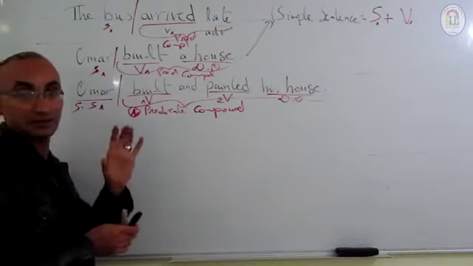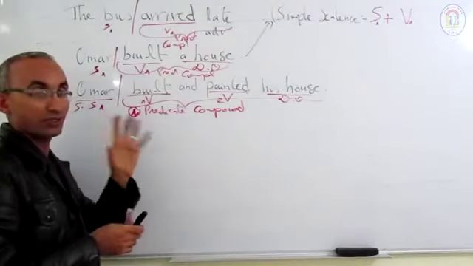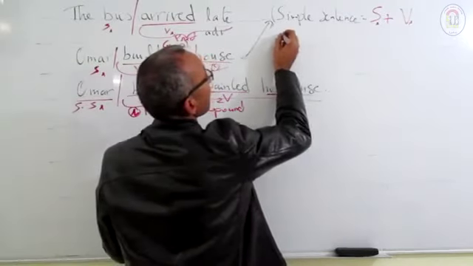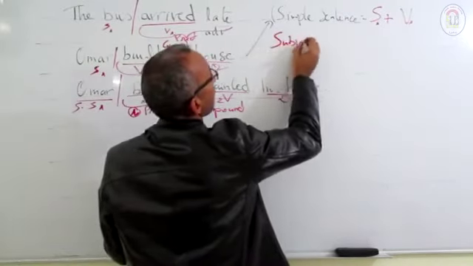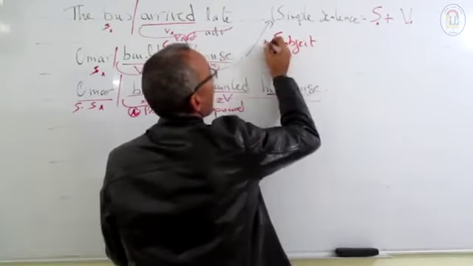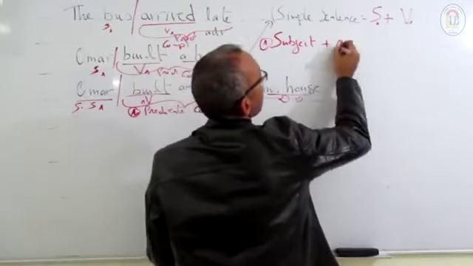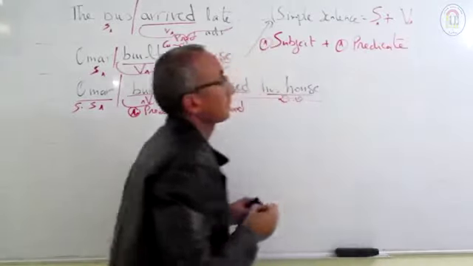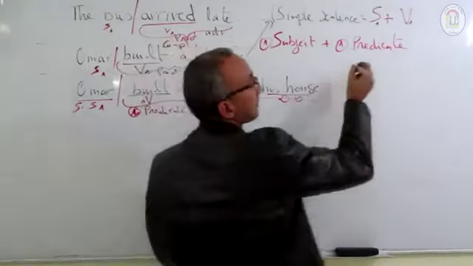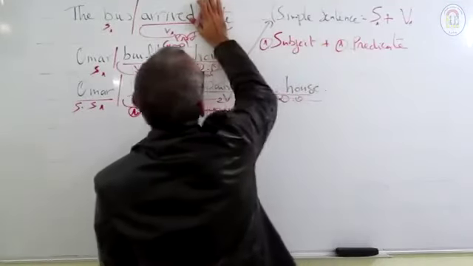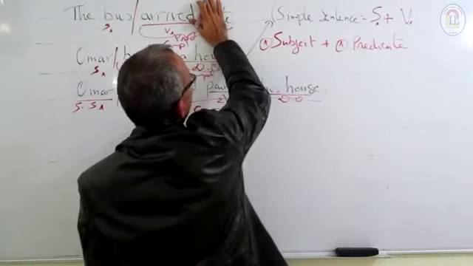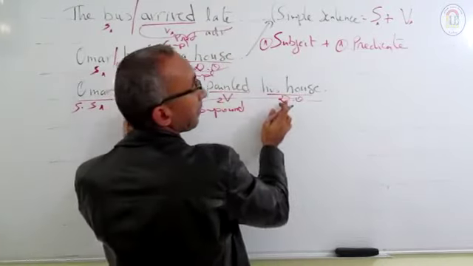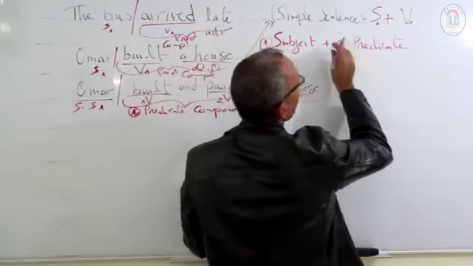It means what? The correct structure of the simple sentence is when you have one subject plus one predicate. Whether the subject or predicate is simple, or complete like here, or compound, it remains always what?